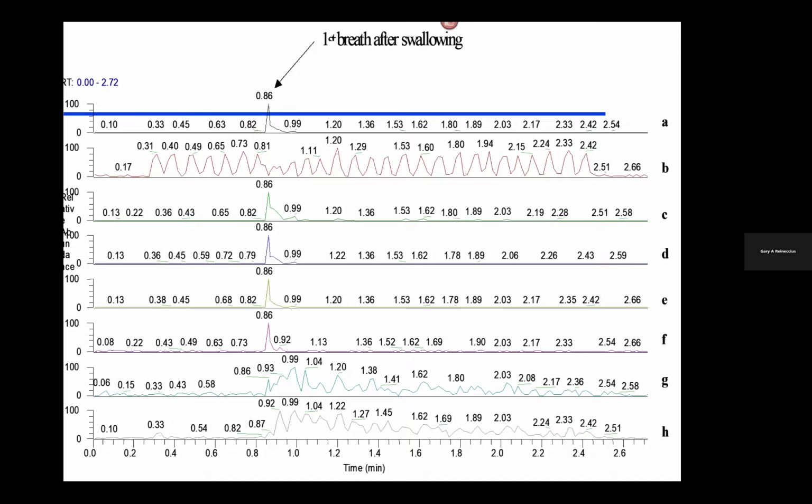So what's in the breath normally. The second one down, so that's green, that's what we call the swallow breath. So the first one up there, no sample. The second one, he's gone ahead and taken a sip and swallowed it. And he's still sitting there and monitoring. It's monitoring the breath.